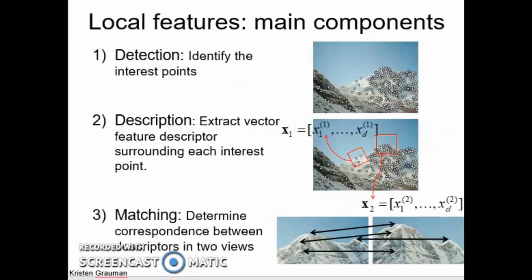So what we can basically do is that we first of all identify the interest points. After the identification of the interest points, we can extract feature vectors, basically a descriptor surrounding the regions of interest that we have selected, and then we can do a one-to-one matching between these points, and try to find out which point corresponds to which one.